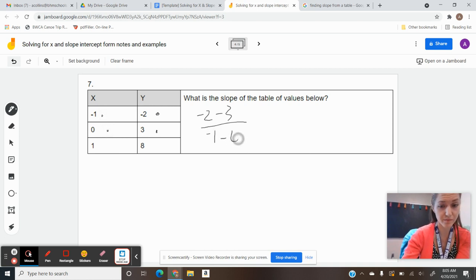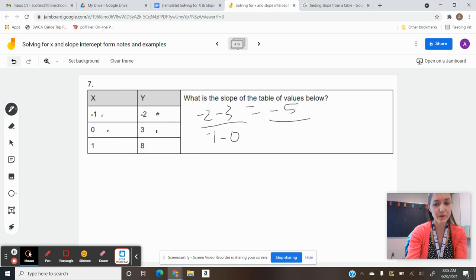subtract 0. Okay, so first let's simplify the top and the bottom of this fraction, and then we'll do our division. First I need to take negative 2 minus 3 to find the difference. And that answer is negative 5.